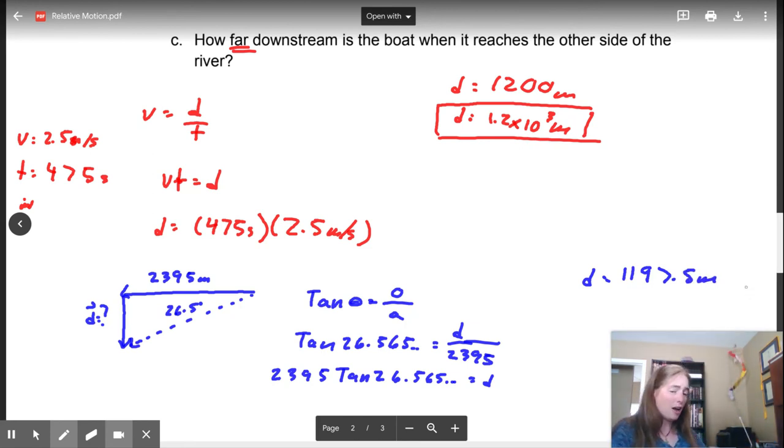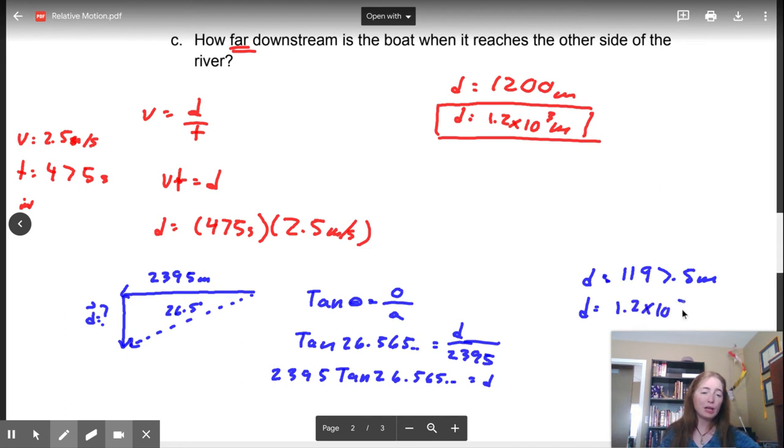It's slightly off, but I want 2 sig digs. So because I need 2 significant digits, I'm going to have to do some rounding. 2 sig digs. I'm going to come to these guys. This is going to force me to round this number here. So I get 1.2 times 10 to the power of 3 meters.